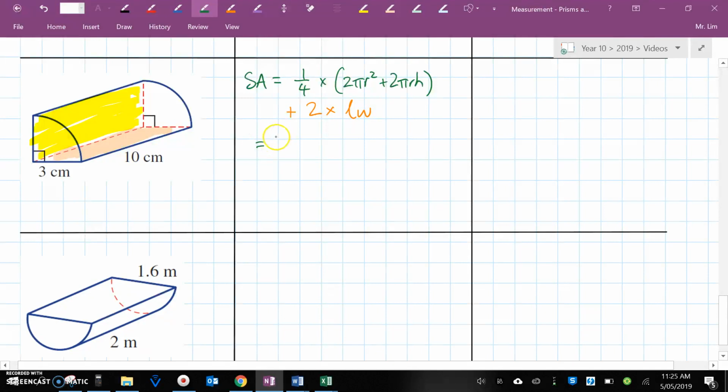So let's substitute everything in. 1/4 of 2 pi times the radius, which is 3, plus 2 pi times 3 times 10. But now we need to add the two rectangles, which is 2 times 3 lots of 10.